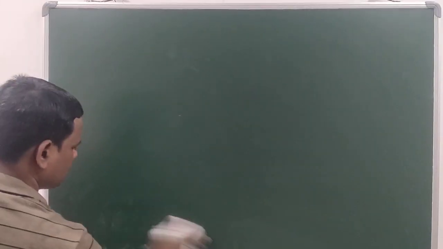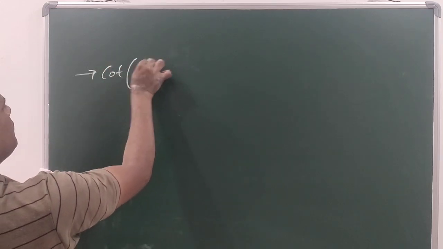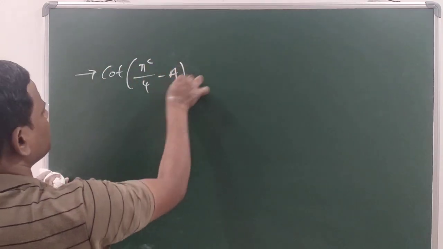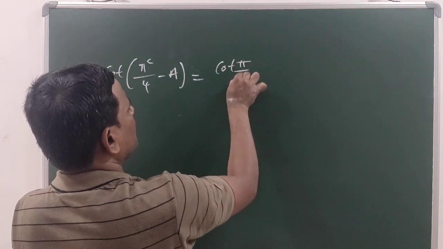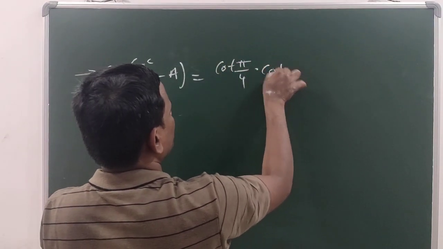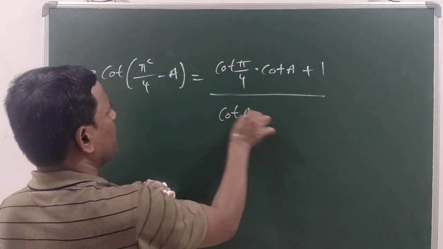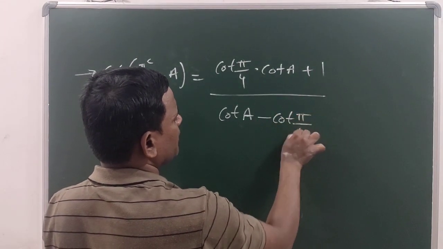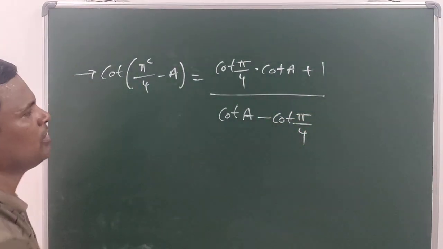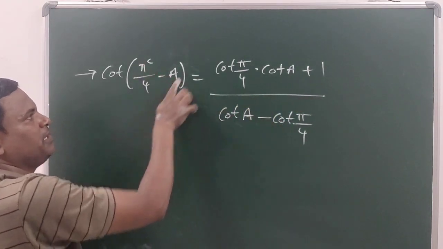Yes. Now let us go to cot(45° − A), which is equal to cot 45 into cot A plus 1 by cot B minus cot A. Here, first will come cot A minus cot 45, you will get, the numerator, plus here cot B minus cot A. This is A, this is B. Observe that.